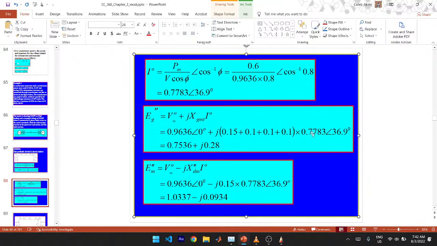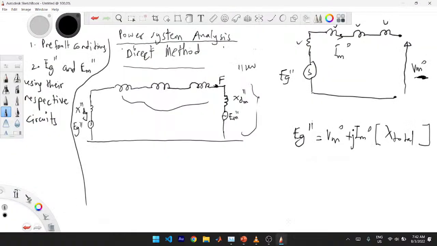Then also use the motor circuit. For a motor, the current is delivered to it. So I'm having the subtransient reactance and my motor here. If this is my Em prime, the current is coming to it; your Vm is supplying to the motor.